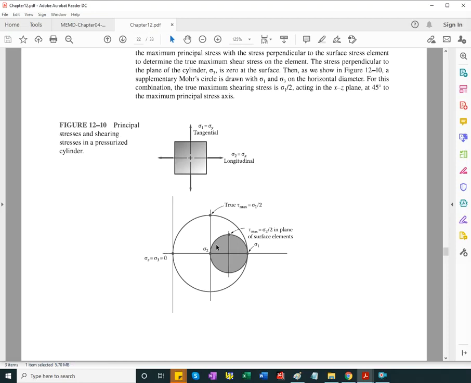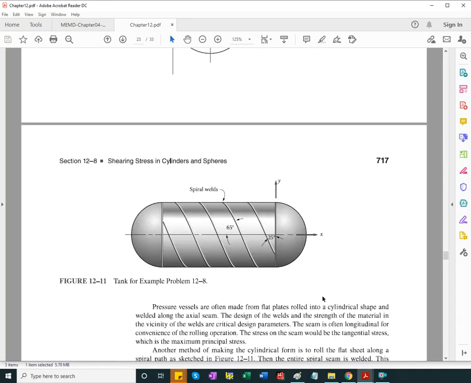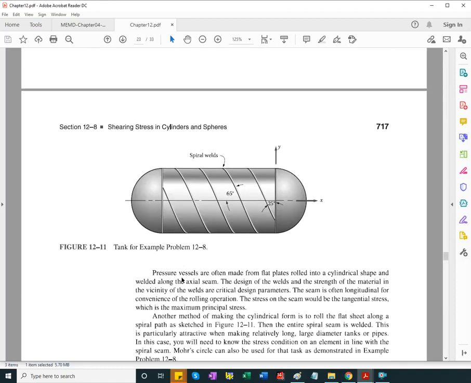But usually thin wall tanks and pipes are subject to less pressure than the thick wall ones, and you can again account for the normal stress to the inside, and this point is actually going to shift to negative values.